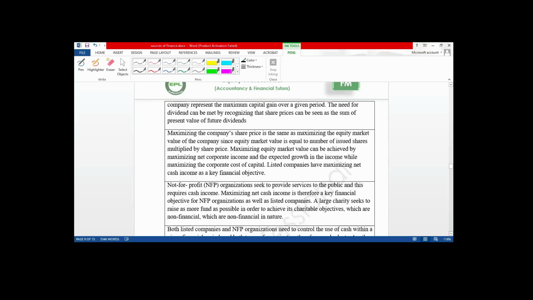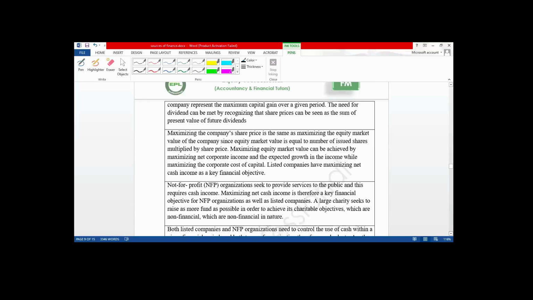Although they are established to provide public service, this service requires funding. This service requires cash income. To provide water, you must fund water. To provide security, funding is required. That means cash must be attached to these activities.